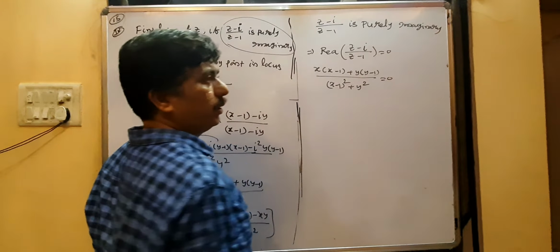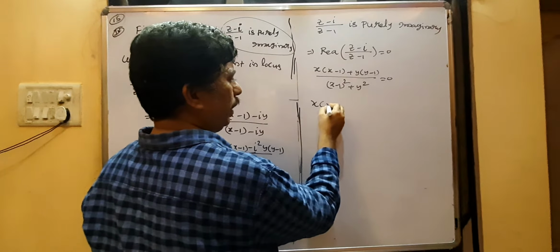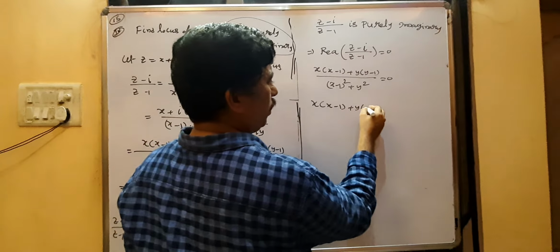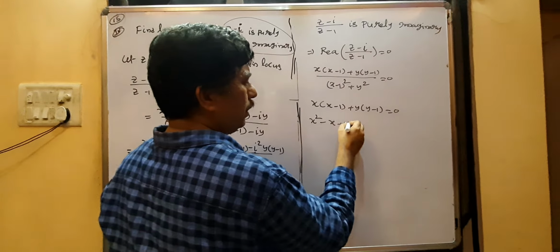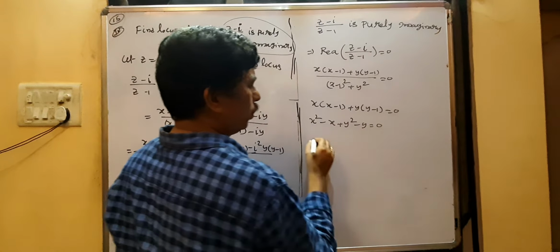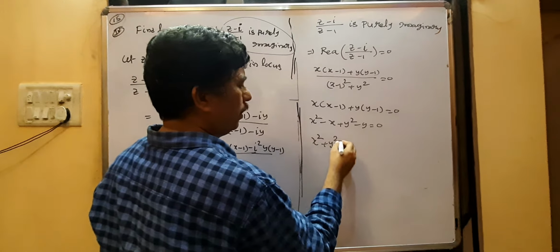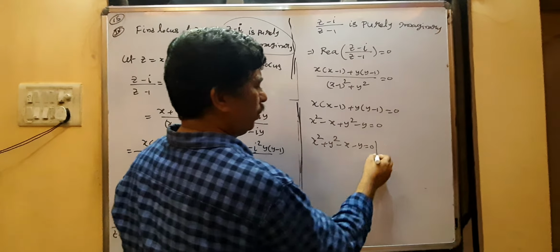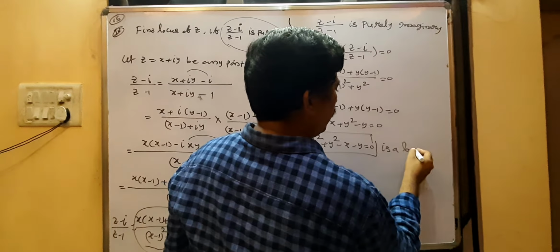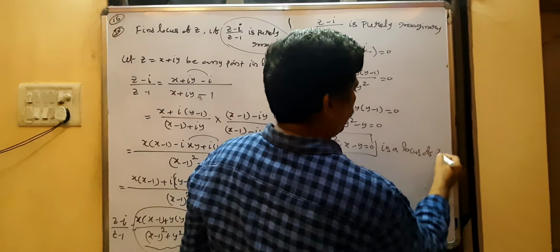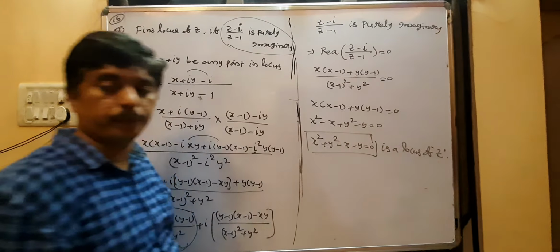The denominator being nonzero, the numerator is 0: x into (x minus 1) plus y into (y minus 1) equal to 0. Expand: x square minus x plus y square minus y equal to 0. So finally x square plus y square minus x minus y equal to 0 is the locus of z. Copy it.